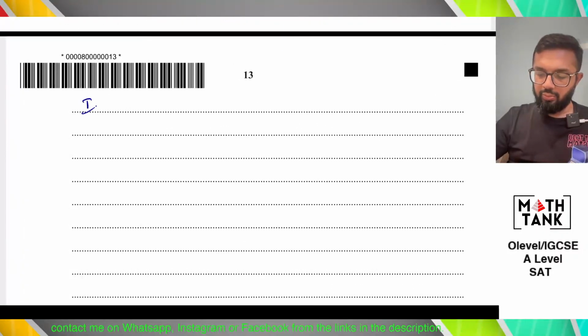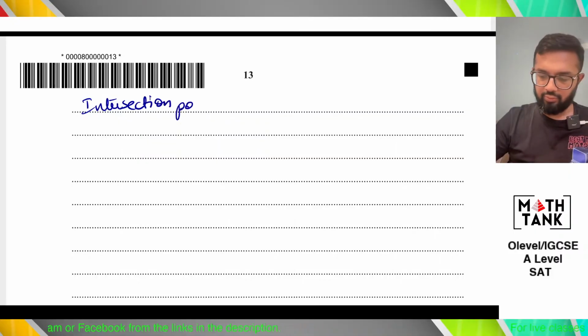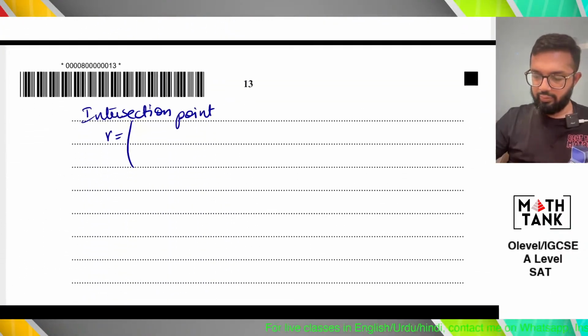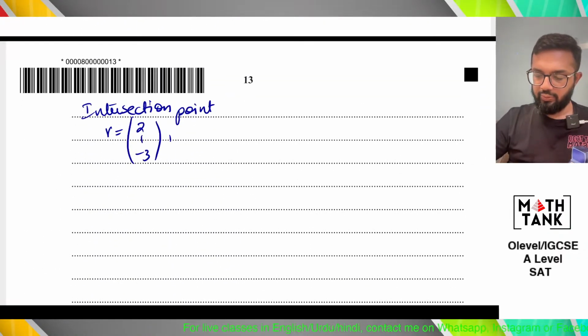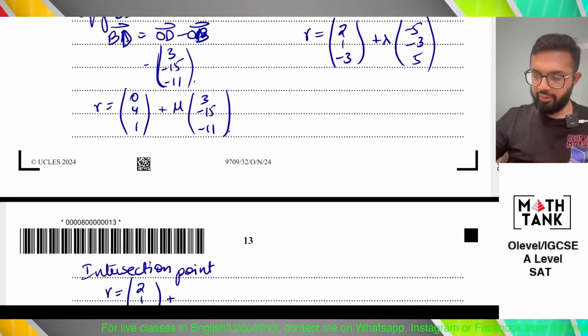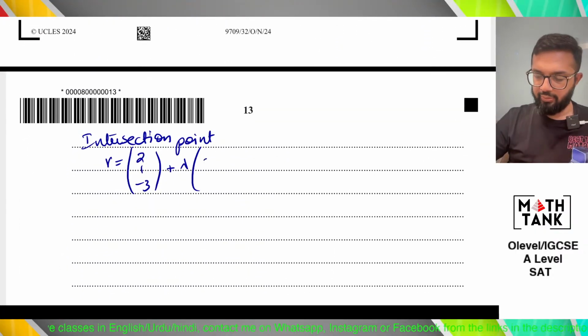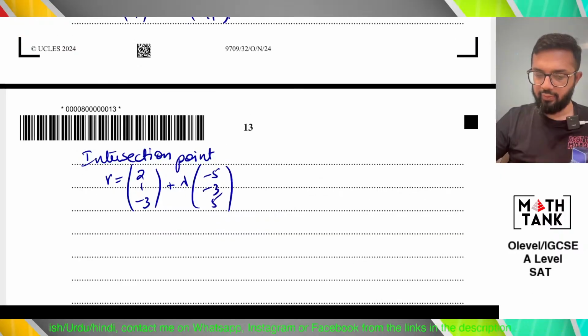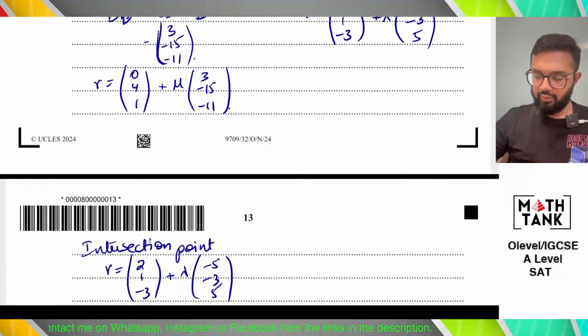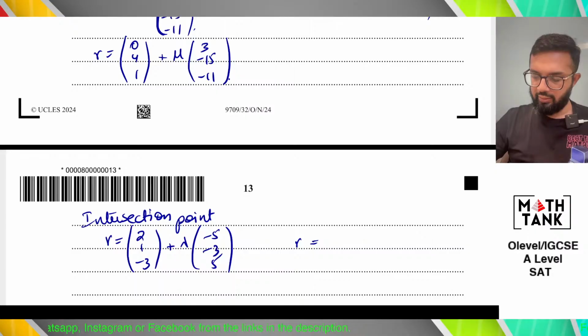Okay, intersection point. 2, 1, minus 3 plus lambda times minus 5, minus 3 and 5, and 0, 4, 1.